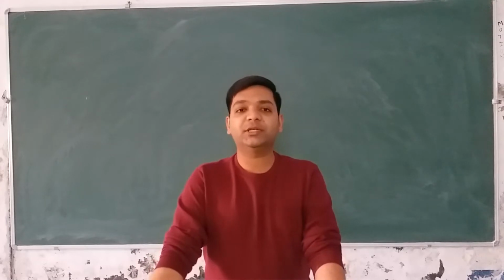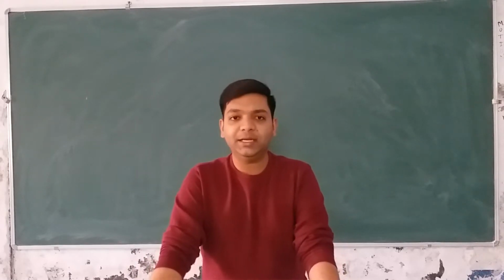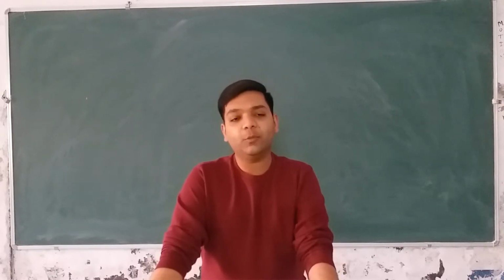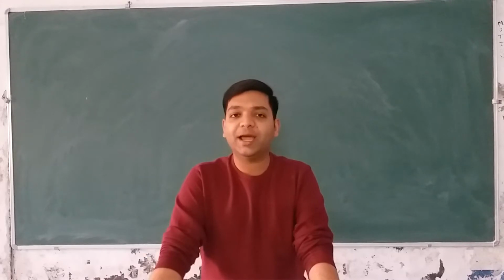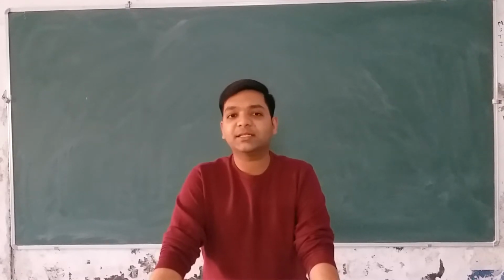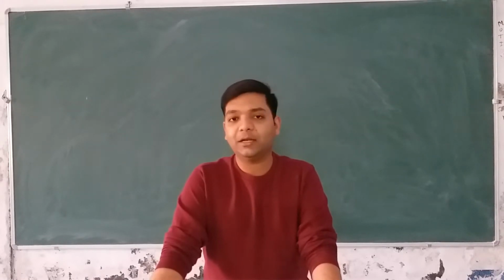This is a new lecture in the series of chapter Simple Harmonic Motion. Till now we have discussed several concepts related to simple harmonic motion, and in the last class we saw one of the examples of a system which executes simple harmonic motion, which was the spring block system, and then we discussed the various combinations of springs, series and parallel combinations.